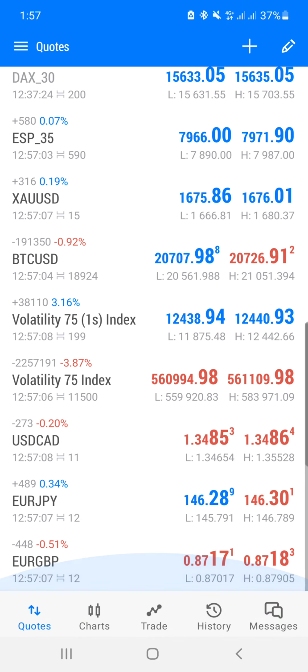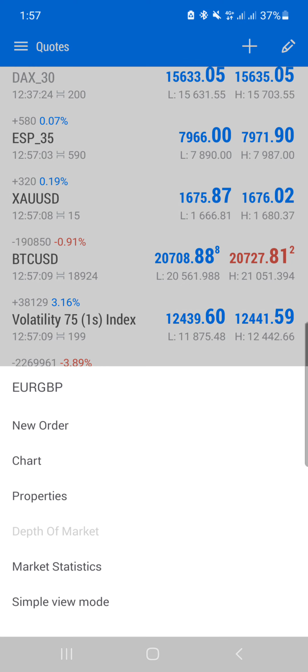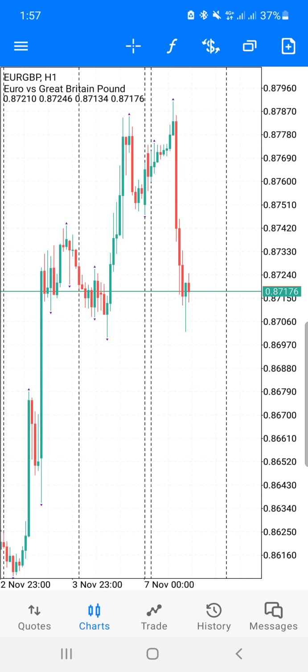Let's check EURGBP and see if we will be able to find some of these patterns we are looking for there.